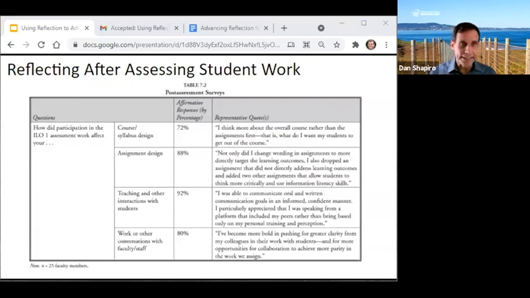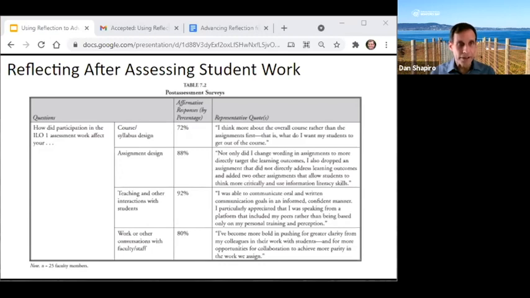With regard to teaching and other interactions with students, I was able to communicate oral and written communication goals in an informed, confident manner. I particularly appreciated that I was speaking from a platform that included my peers rather than being based only on my personal training and perception. And here we've got the collective meaning making going again, just threaded throughout all this work.